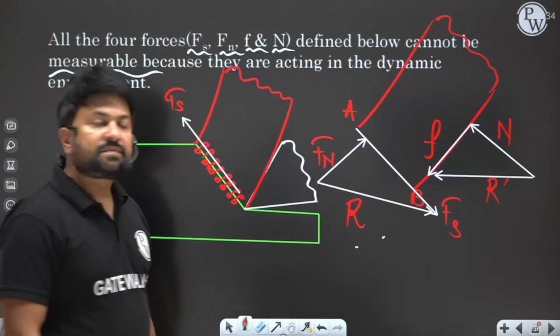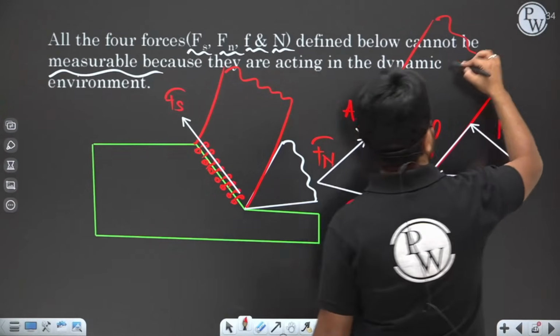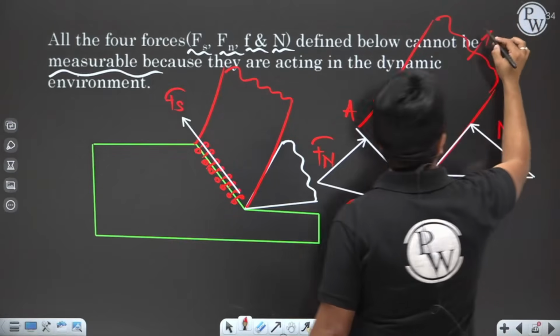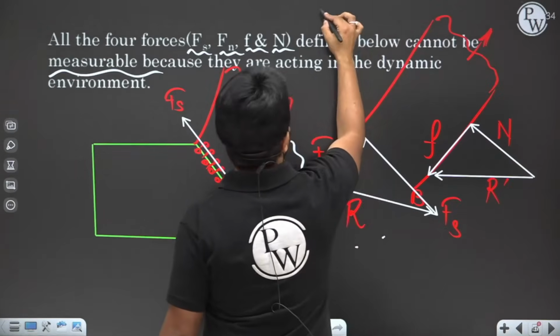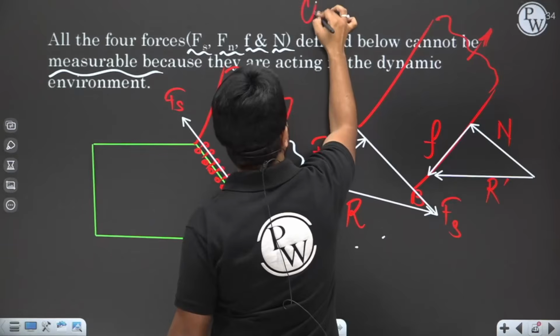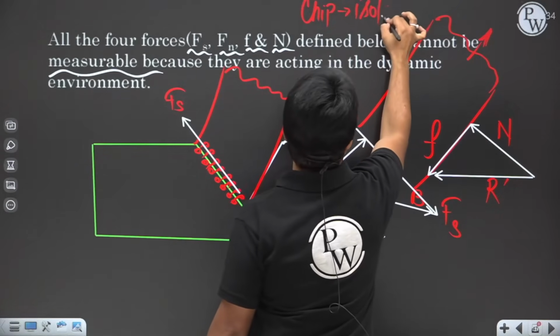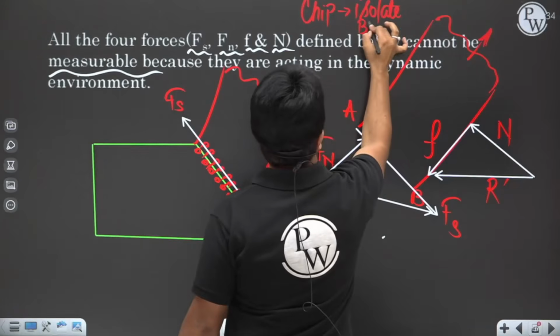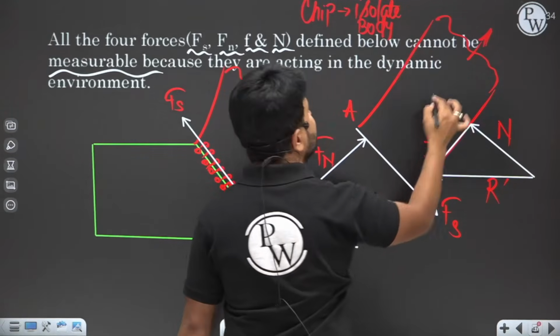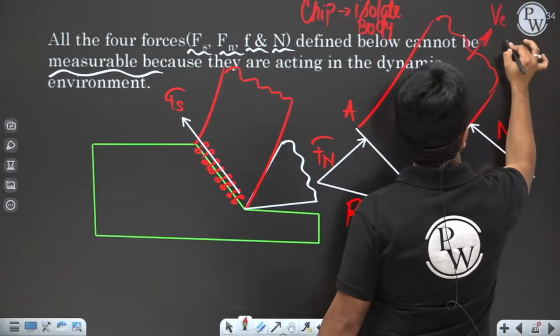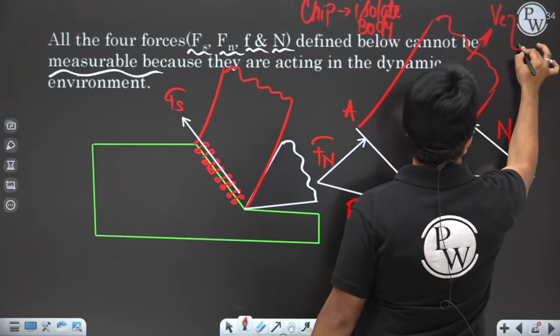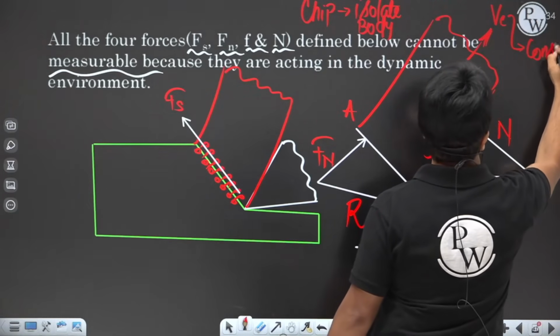When you consider the chip as an isolated body, what we have found experimentally is that the chip velocity, VC, is constant.